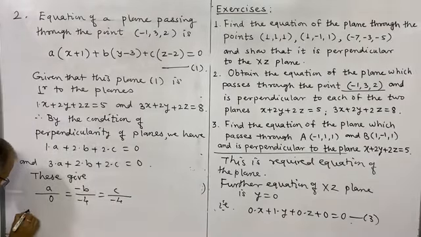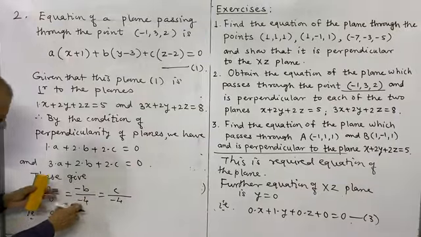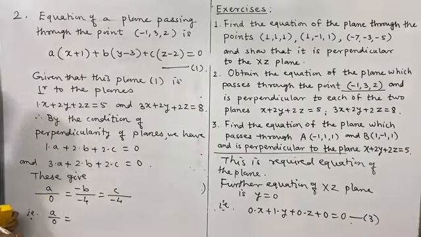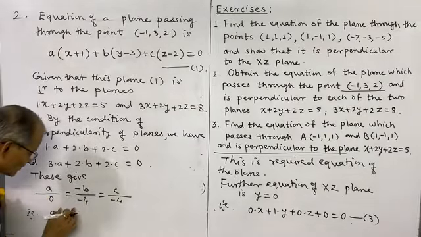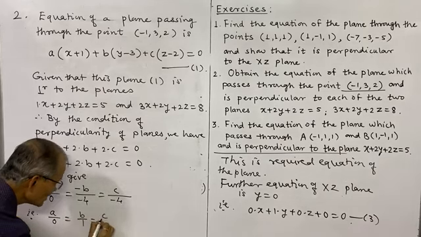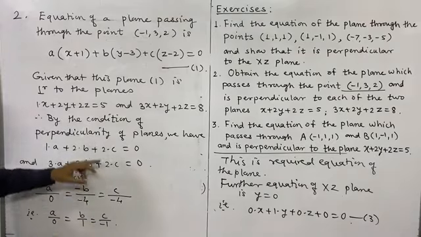So that is A divided by 0, or we can say divide by 4 at the denominator or multiply by 4 at the numerator, and then that gives B divided by 1 is equal to C divided by minus 1, and thus we take the value of A as 0, B as 1, C as minus 1, and put in equation 1.